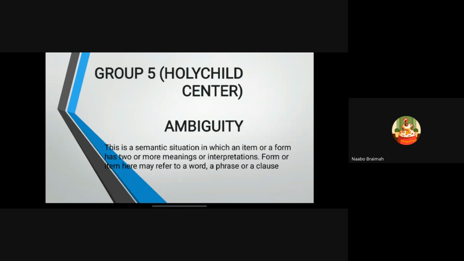First, we looked at ambiguity, as has already been explained by our colleagues. This is a semantic situation in which an item or a form has 2 or more meanings or interpretations. Form here may refer to a word, a phrase, or a clause.